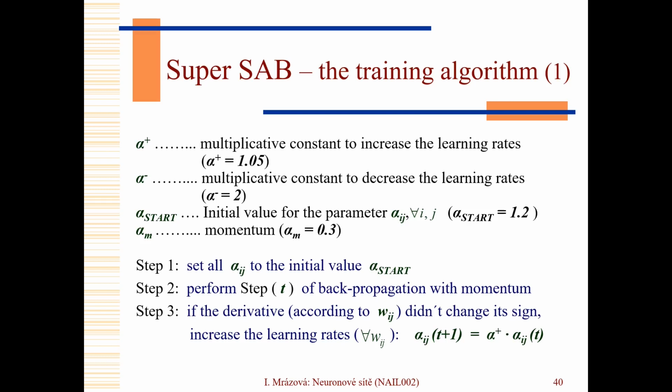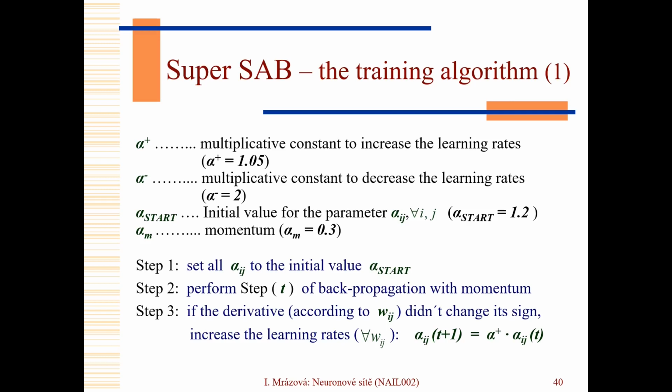To start the training, we will use the coefficient alpha start as the initial value for the parameter alpha ij. Each of the weights and thresholds will have its own parameter alpha ij, and at the beginning this value can be set to alpha start, chosen as 1.2.